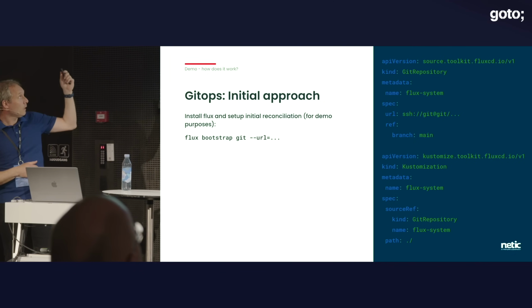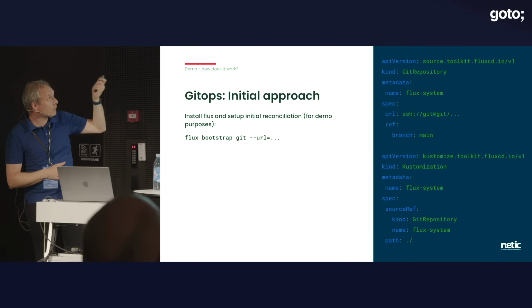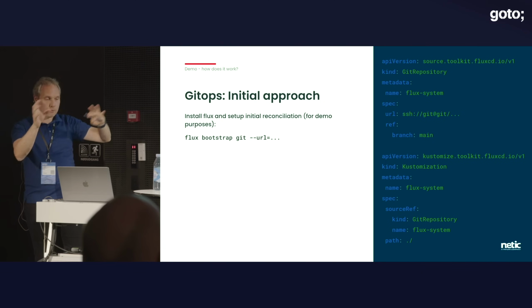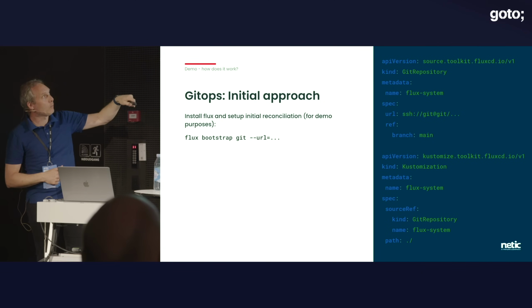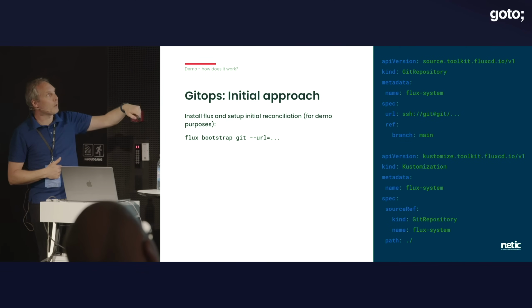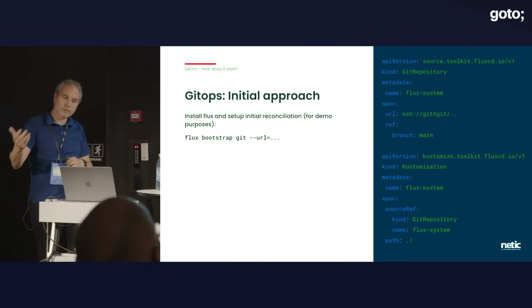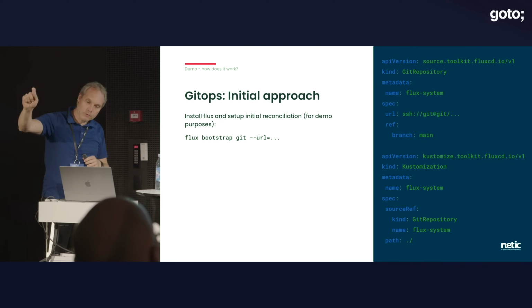Basically, I have some scripts that already bootstrapped Flux into the cluster. So the Flux controllers are running, and what I will deploy to actually get the GitOps reconciliation up and running is a custom resource called Git repository, where I tell Flux, hey, I have a Git repository here that I want you to pull in.